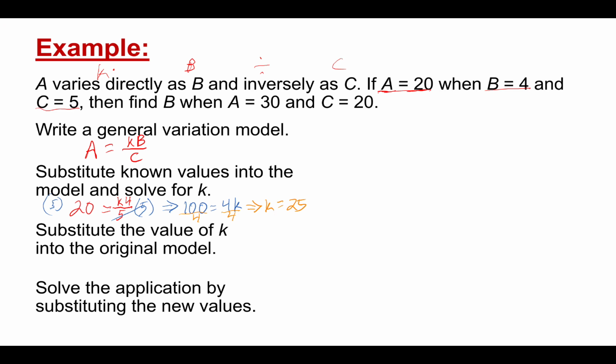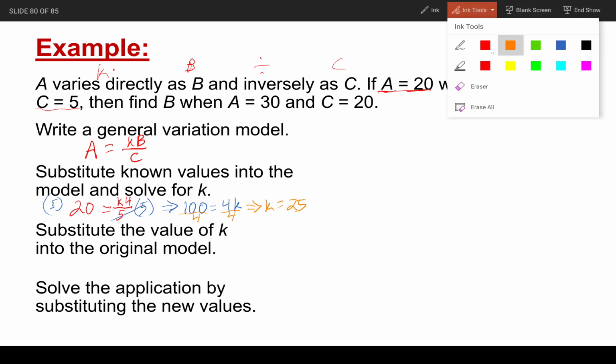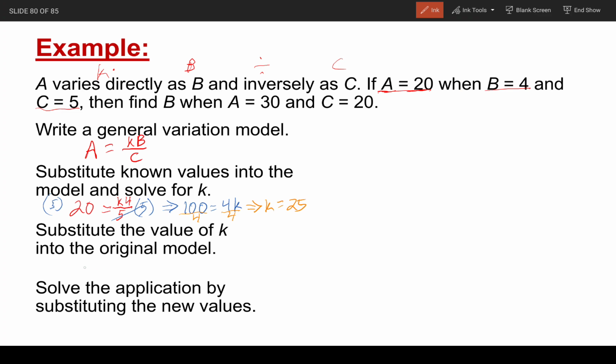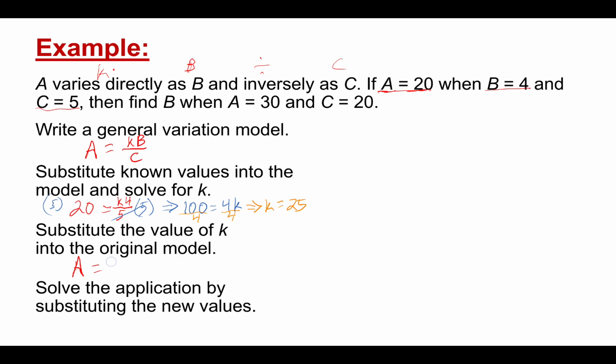So now that I know what K is equal to, I can plug it back in. So again, the original equation is A equals K over B, or KB times C. And so this becomes A is equal to, K is 25, so it's 25B over C. Then it asks me to find B, B is what I'm looking for, when A is 30 and C is 20.